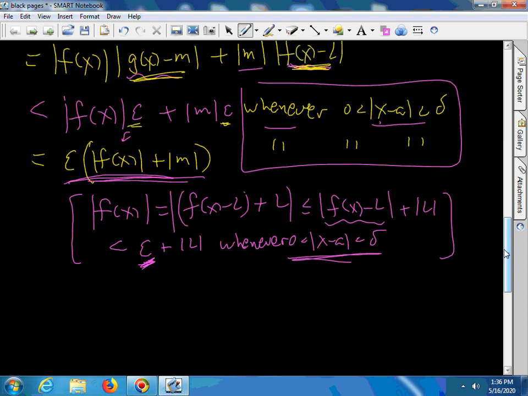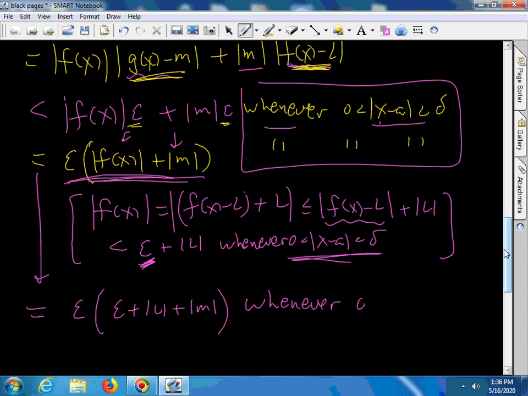So this is coming down. This is equal to epsilon times epsilon plus the absolute value of L plus the absolute value of M whenever 0 is less than this mess, which is less than delta.